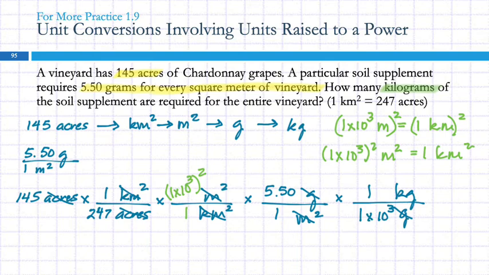Pull out your calculator. 145 divided by 247 times, if parentheses make you more comfortable, go ahead and use those, 1EE3 squared times 5.5 divided by 1EE3.